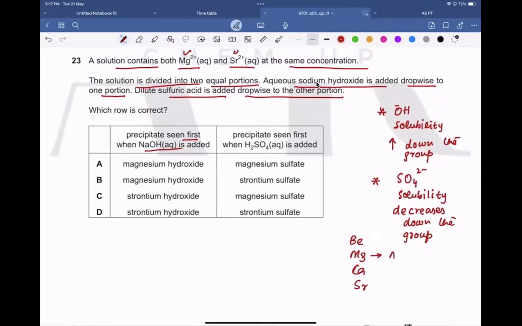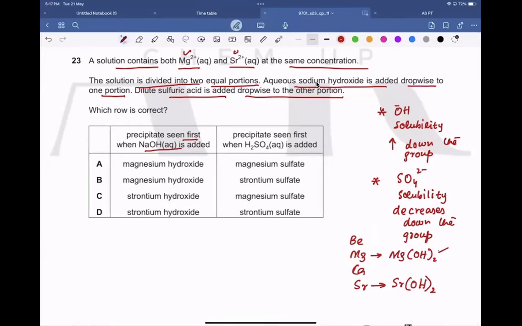So on adding sodium hydroxide, magnesium hydroxide is formed, and strontium hydroxide is formed. So between these two, which one is more soluble, magnesium hydroxide or strontium hydroxide? Magnesium hydroxide is insoluble.